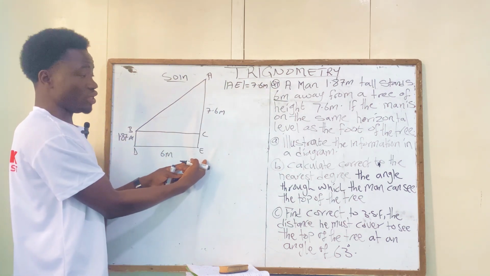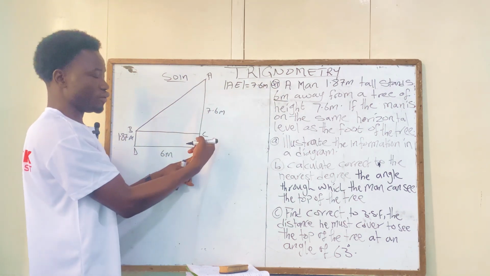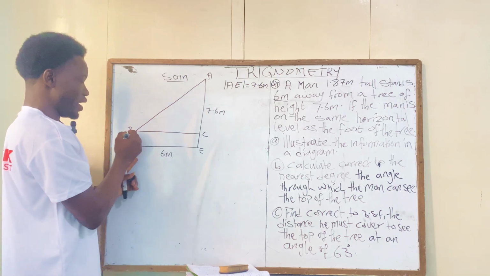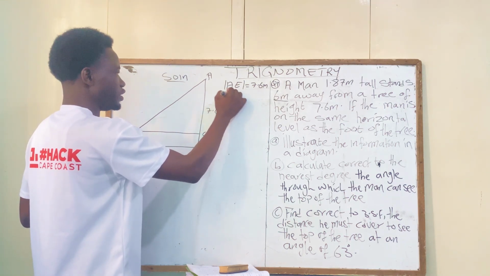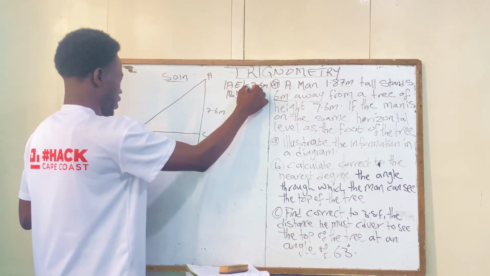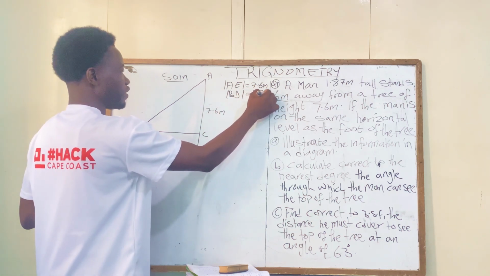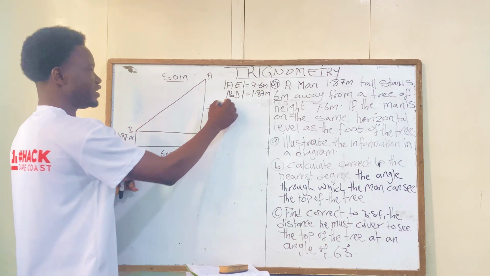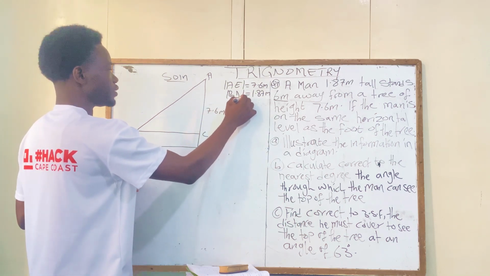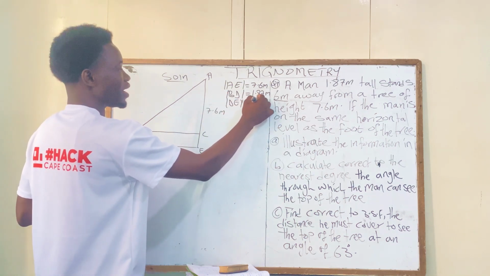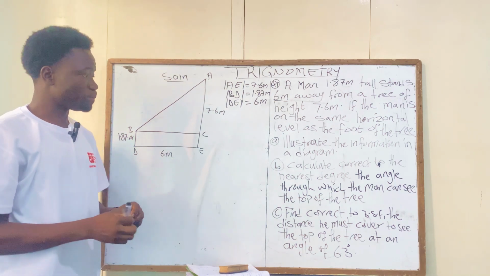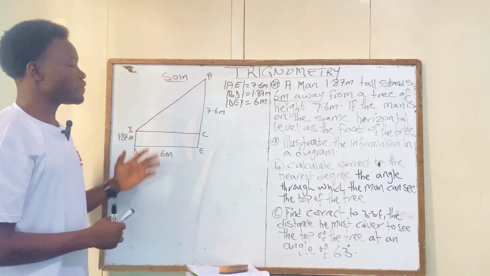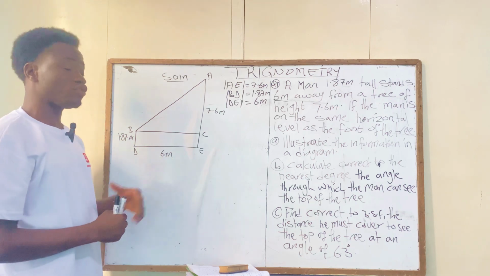From A to E, that is the height of the tree. And then BD is the height of the man, which is 1.87 meters. And then DE is the distance the man is standing away from the foot of the tree. Okay, so this is a very beautiful diagram, and that's what they are asking you to illustrate.